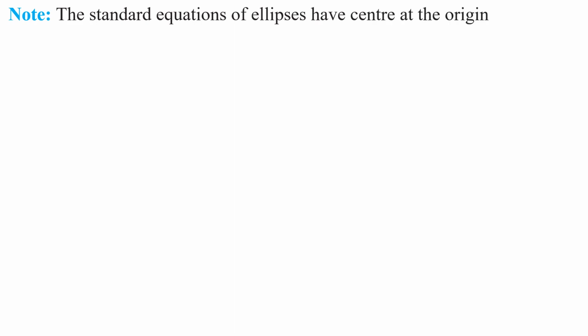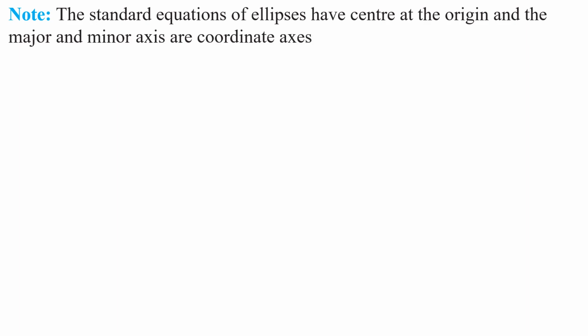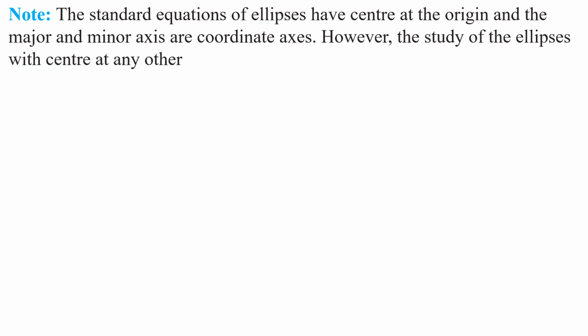Now let us discuss the observations we found in these two equations, in these two cases. Note, please remember this point: the standard equations of ellipses have the center at the origin and the major and minor axes along the coordinate axes.